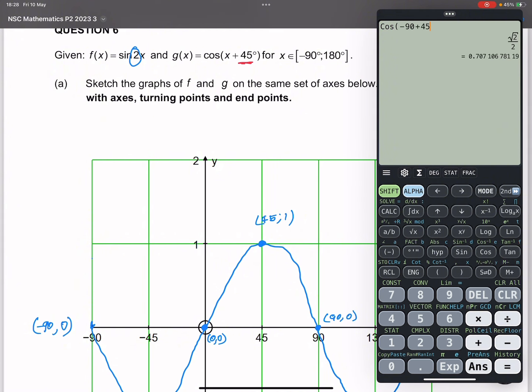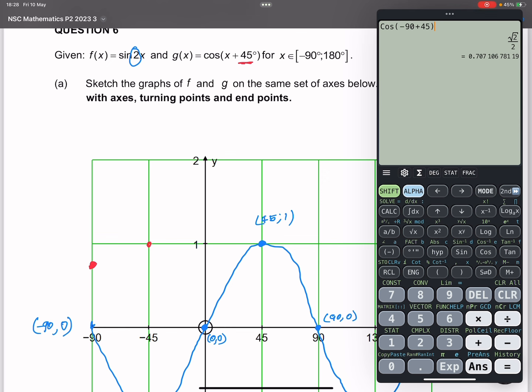Can you see we get 0.70? So our graph would start somewhere, let's say 0.7 is somewhere over there. And you'd note at negative 45, it would be negative 45 plus 45, which means that would be 0. We know that cos of 0 would be 1.